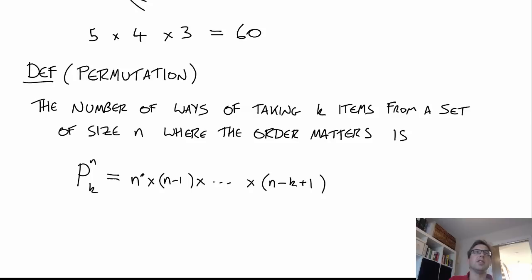Why is that? Because we sort of started from 0, so we've got to go down to the k minus 1 plus 1th term. Another slightly neater way of writing this would be n factorial divided by n minus k factorial.